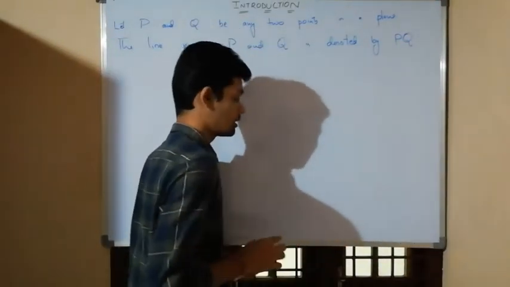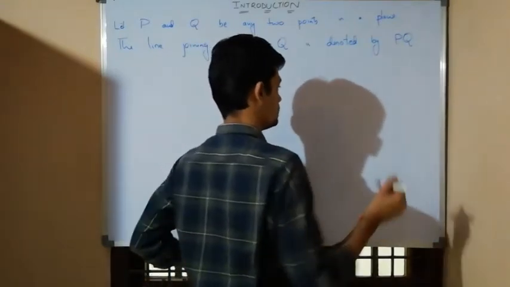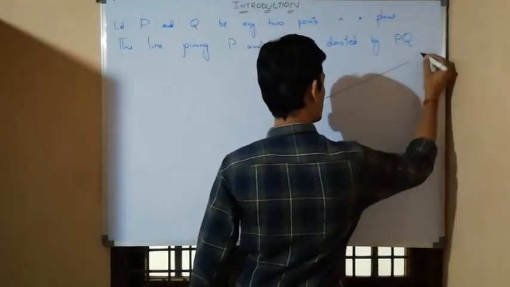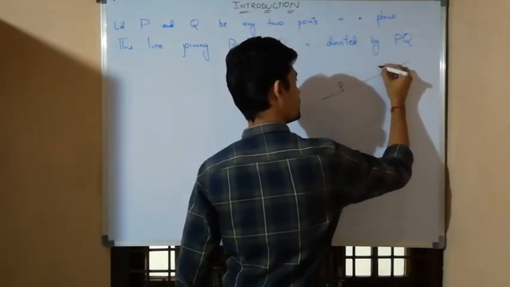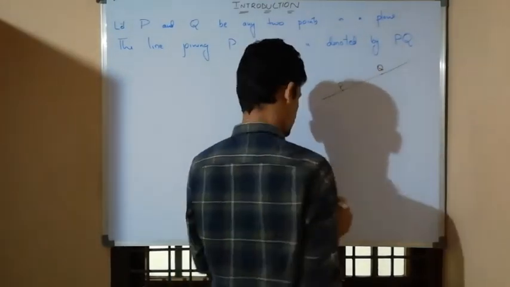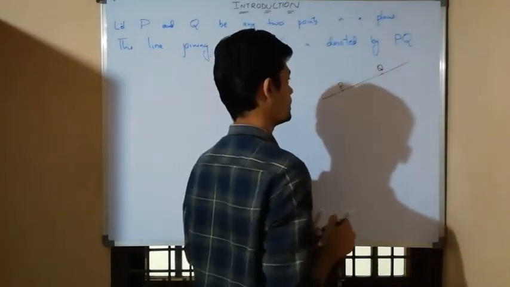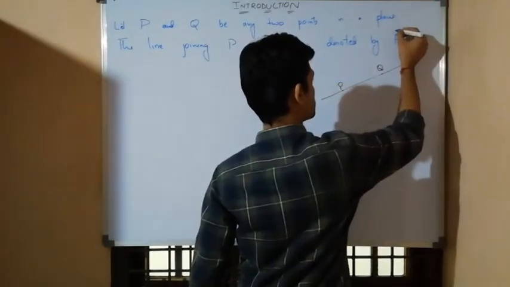That is, this is the line which is joining the point P and Q. It is denoted by like this.